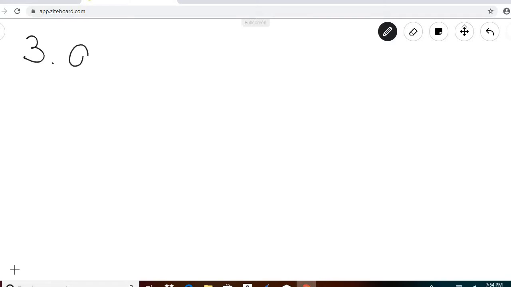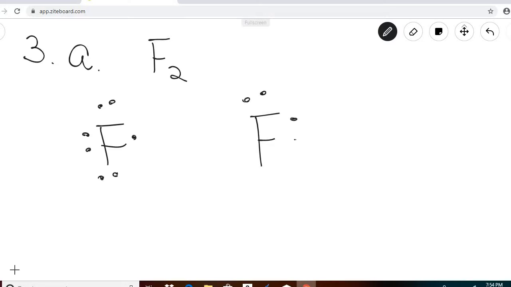So 3A is F2, so that's fluorine. And if you look at the periodic chart, you will see that fluorine is in group 7A, so it has 7 valence electrons. So in terms of the Lewis structure, this would be a covalent bond, and these two atoms would just share that electron.